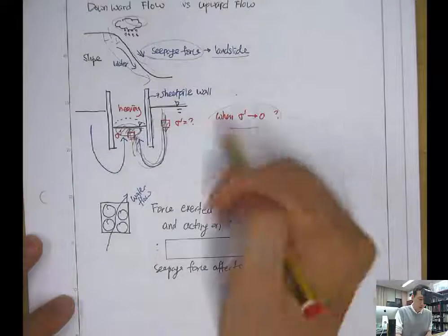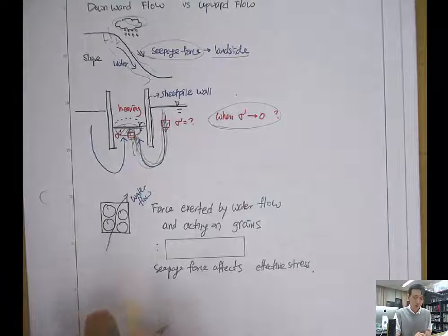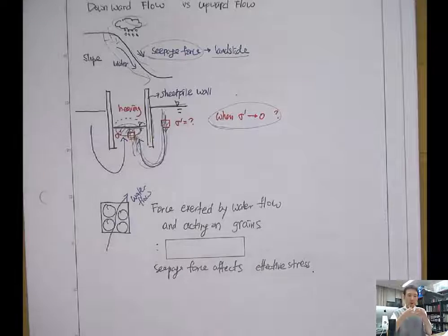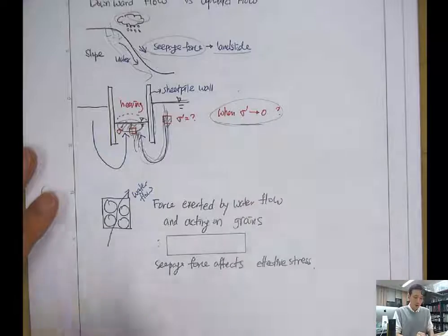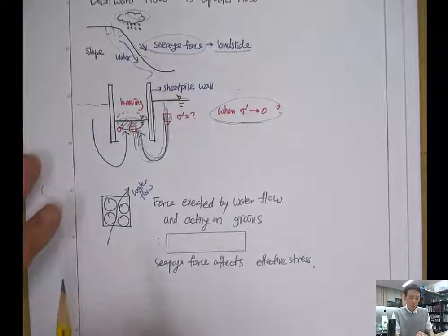And when the effective stress is 0, that means there's no granular stress between the grains. They're not touching each other and don't transfer any force. The individual grains are free without any bonding force. That's what happens when the effective stress is 0.